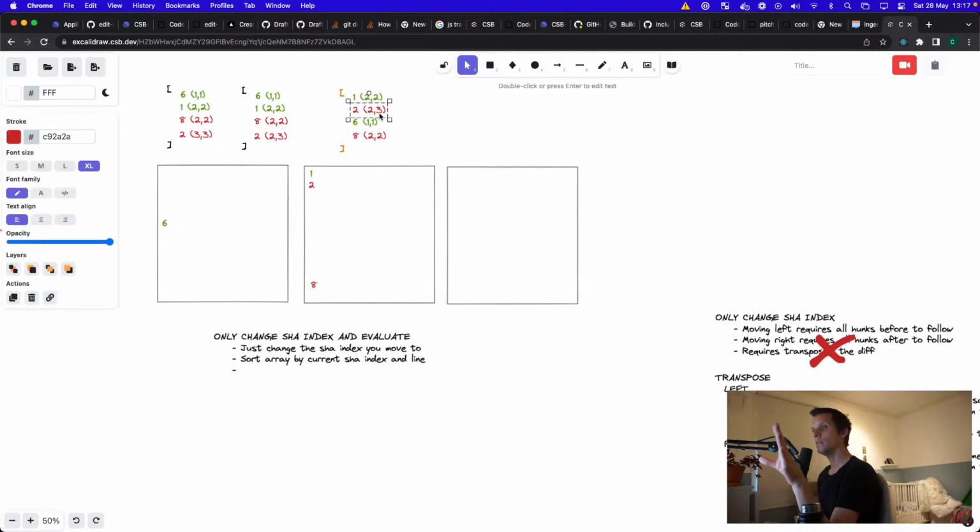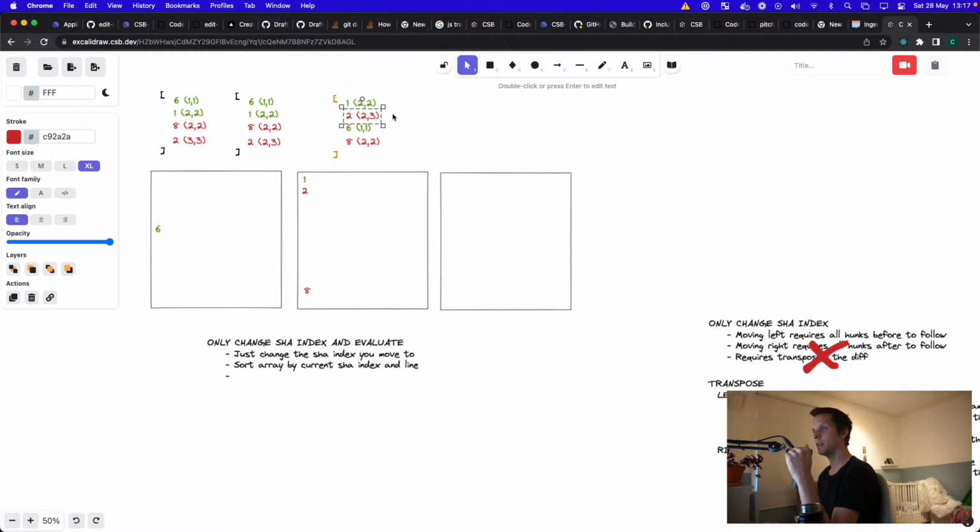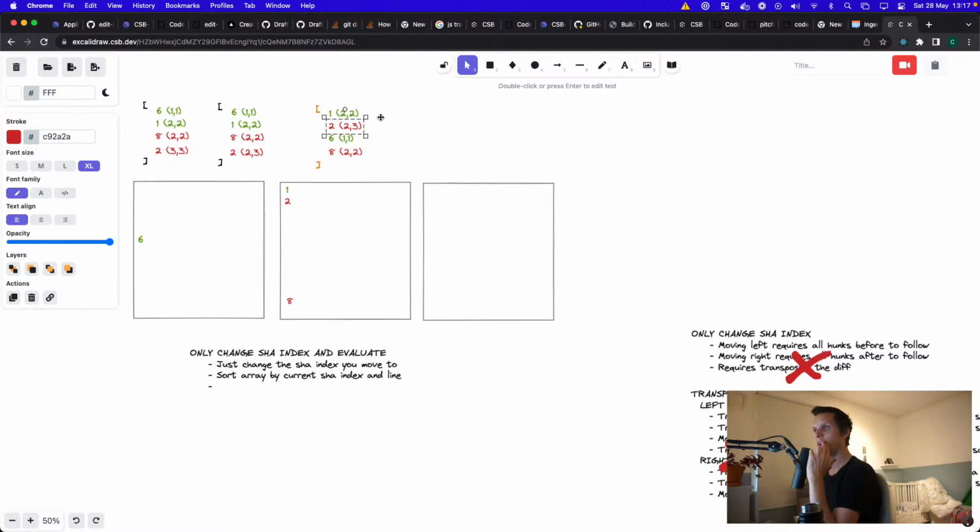We're on line 2. It does have a change in the SHA, so we want to transpose everything. We'll store that this SHA has a transposition of 1 or -1, which is actually SHA-2. And then we see line 6. Well, that's actually a lower SHA than 2, so we don't transpose that. 8 is the same SHA that we have a transposition on, so let's do that. And it goes to 7.